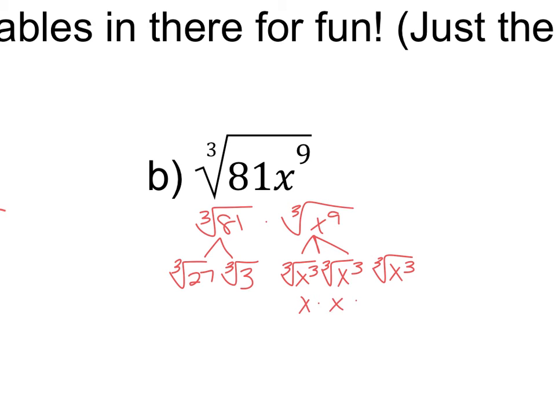Each one of those is x. And this would give me 3 cube roots of 3. All right, so all of these are being multiplied, so let's put it all together. And we can't reduce the cube root of 3 any farther, so you leave it. So it would be 3x to the 3rd times the cube root of 3.